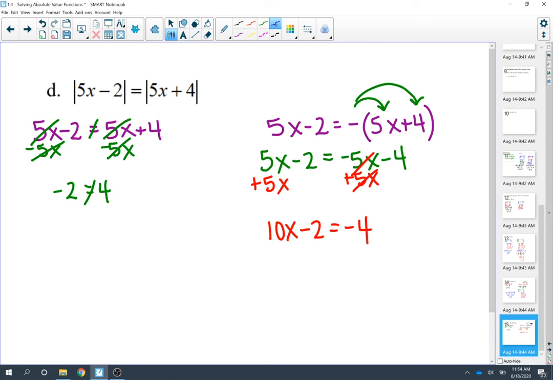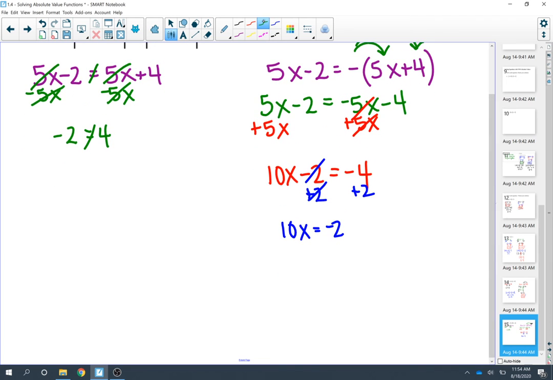Then I'm going to get my constants on the same side, add 2, which is going to leave me with 10x equals negative 2. Then we're going to divide by 10. X equals a positive divided by a negative is a negative, and then both of these are going to simplify by 2, which is going to get me negative 1/5.